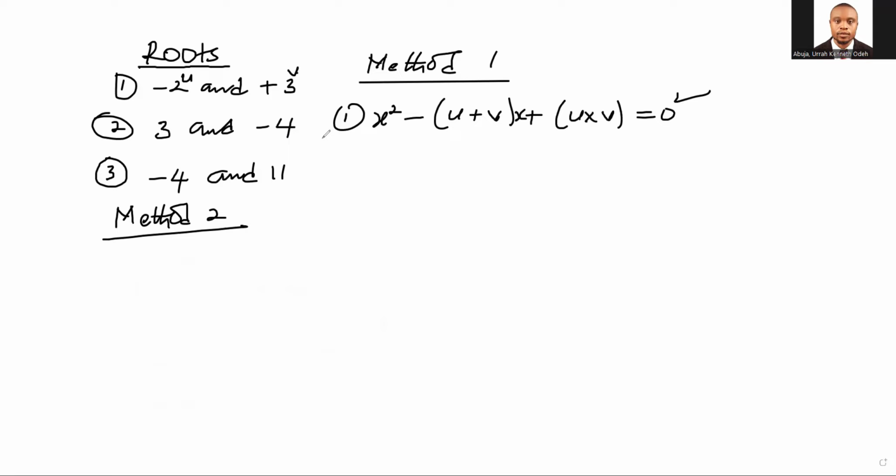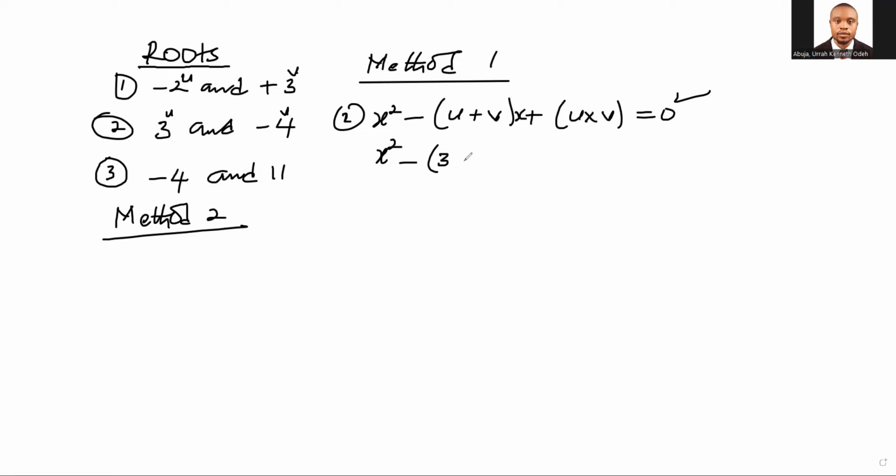Number two question: the roots are u and v, so we have +3 and -4. We also substitute them here.